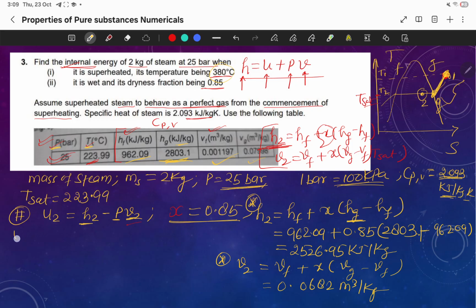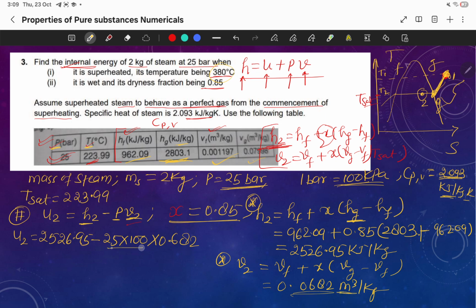So from here U2 will be H2, we have got 2526.95 minus pressure. Pressure is how much? It is in bar, convert it into kilopascal. Then V2 is how much? 0.0682. It is in meter cube per kg, right?